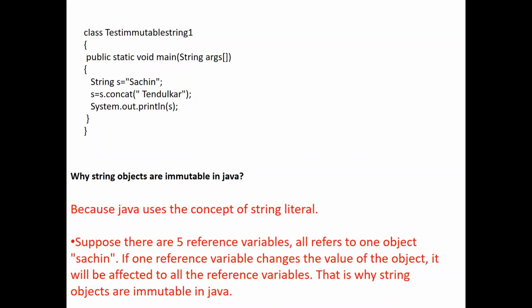If you open the string class in the Java API, you can see all the functions. I will show them in some time, in the further slides. These are already predefined, and as you know, API classes and functions can be used directly. We need not recreate them because those are API standard.